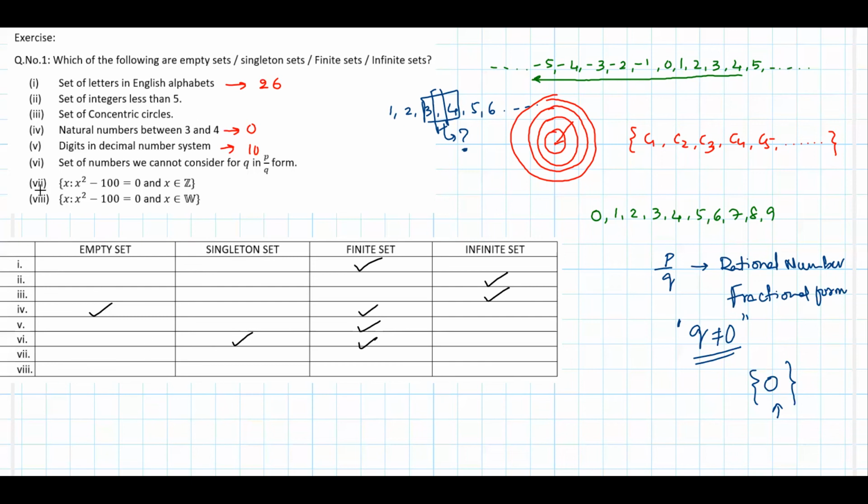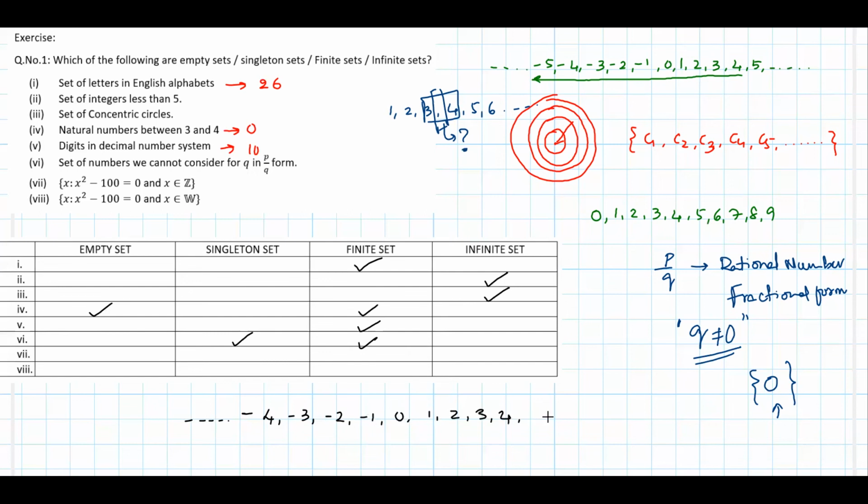Next question, the seventh one. The seventh and eighth are almost similar, with only one difference: the seventh is from integers and the eighth is from whole numbers, for x. We'll work on the seventh one first. x belongs to integers, meaning the negative natural numbers, 0, and the natural numbers.